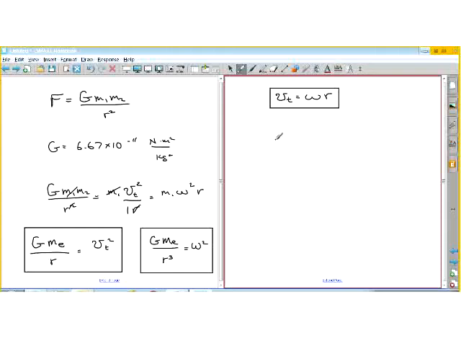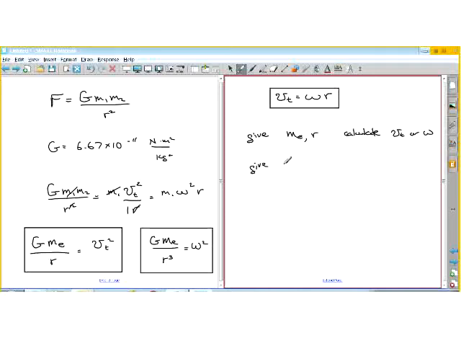So there are various scenarios you can have. I could give you the mass of the thing that's being rotated around, and the radius, and then you could calculate either the tangential velocity or the angular velocity. Because if I know this and I know that, then I can take the square root and solve for the tangential velocity.